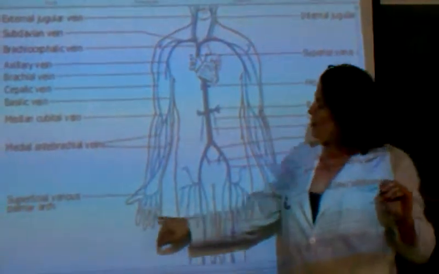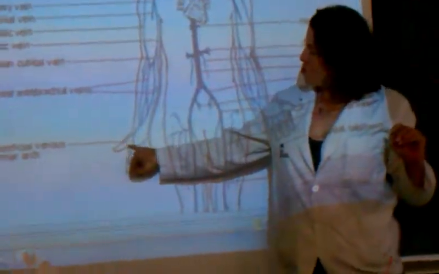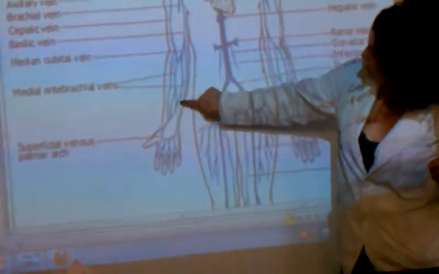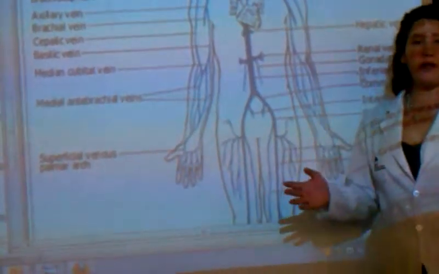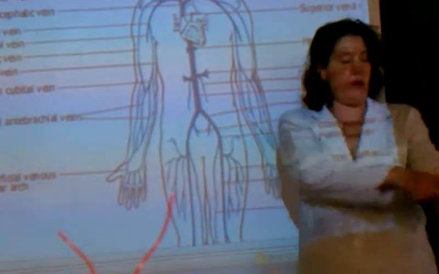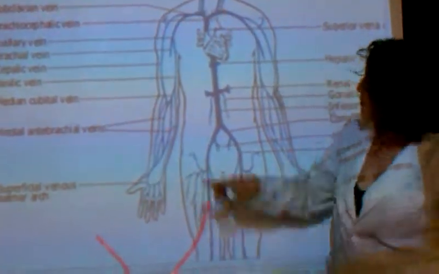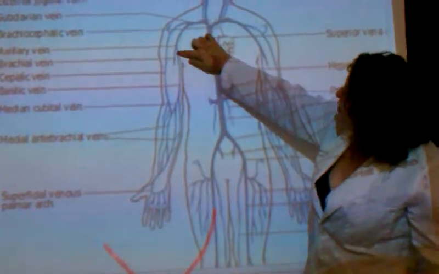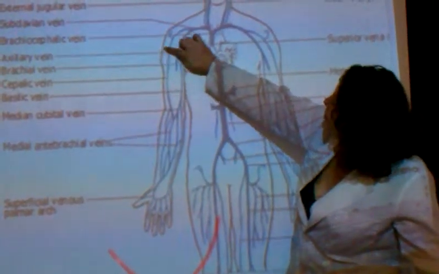So for our arms, blood comes from the palmar arch. Blood drains through the radial vein and the ulnar vein. They sit right next to the radial and ulnar arteries. When we get to the antecubital region, we have the median cubital vein. It goes from laterally to medially, and then it will join the basilic vein, and then we have our cephalic vein.